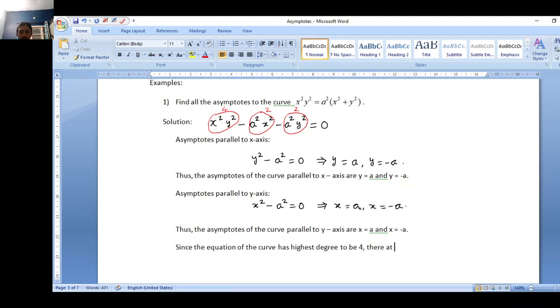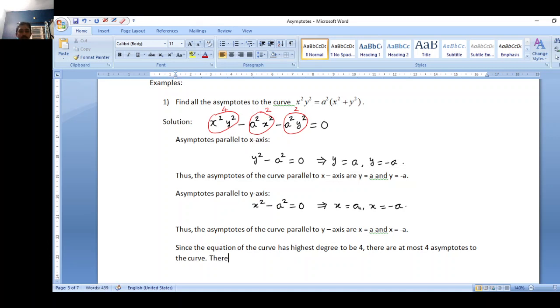There are at most 4 asymptotes to the curve. Correct? So there are going to be only 4 asymptotes to the curve. Now, because there are only 4 asymptotes, and as you can see here, we got 2 asymptotes here and 2 asymptotes here, we have already got 4 asymptotes. So there is no possibility of us having any further asymptotes.